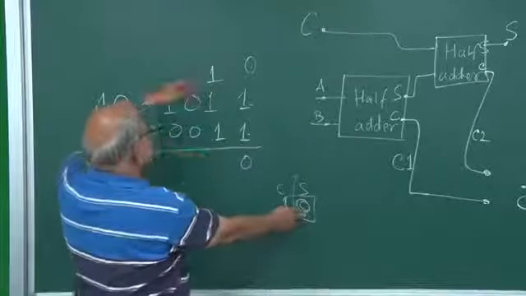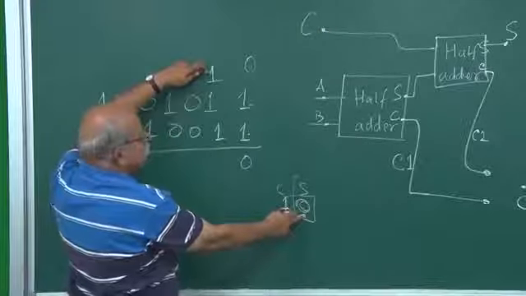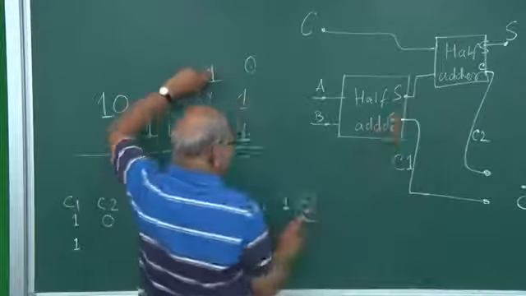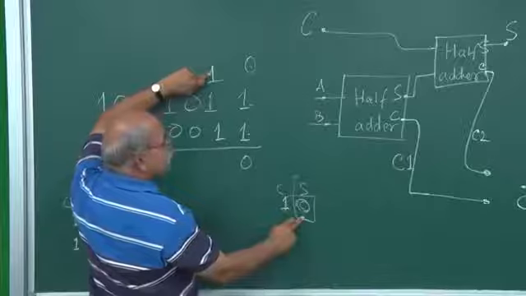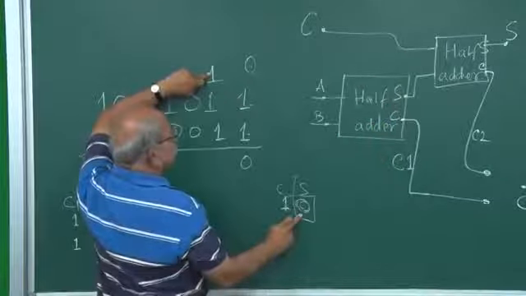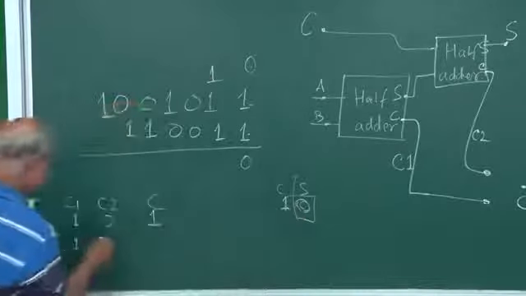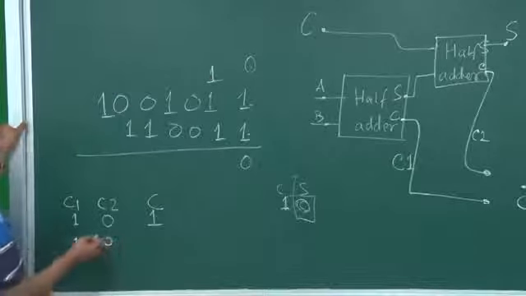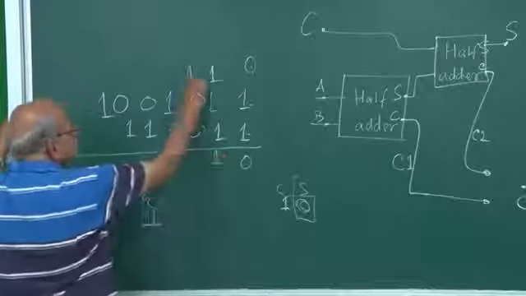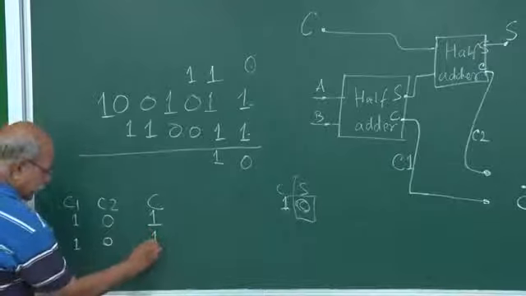That initial carry is 1. So 1 and this 0 are going into this half adder. If 1 goes here and 0 goes here, the carry is 0. So C2 is 0. And then it will be 1 here and 1 here. So your C is once again 1.